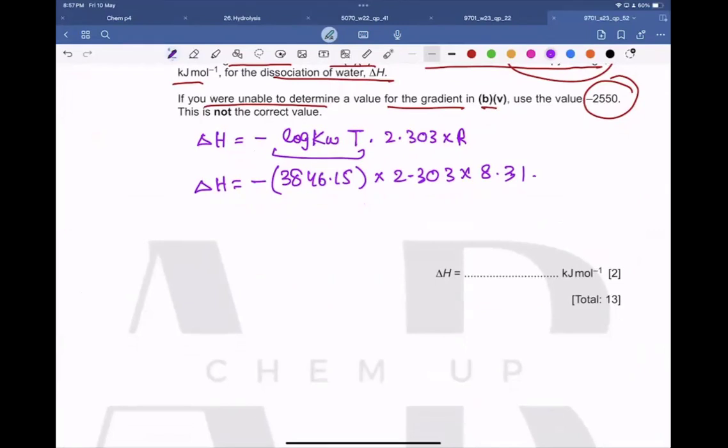Can anyone tell me the answer, please? Yes, can anyone calculate it and please tell me the answer?